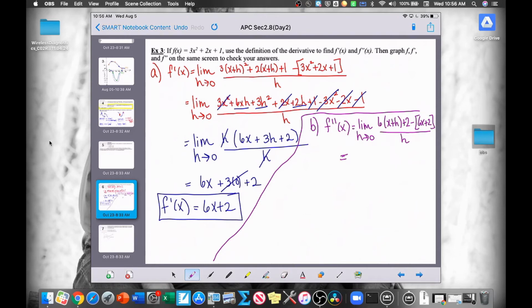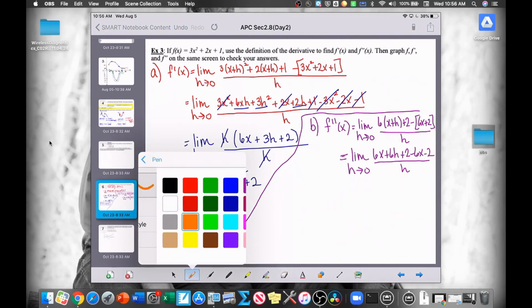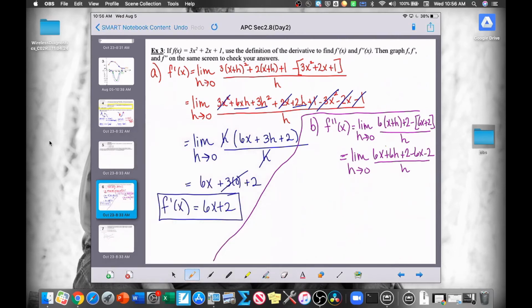Here comes my algebra step. The limit as h approaches 0 of distribute, and we get 6x plus 6h plus 2 minus 6x minus 2 divided by h. Now I get to cancel opposite terms in the numerator. 6x and negative 6x, positive 2 and negative 2.